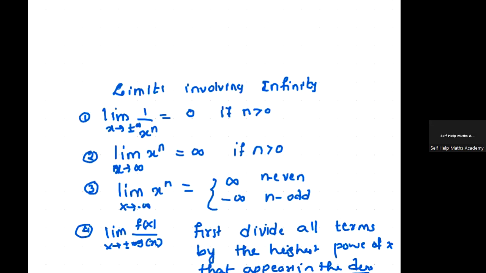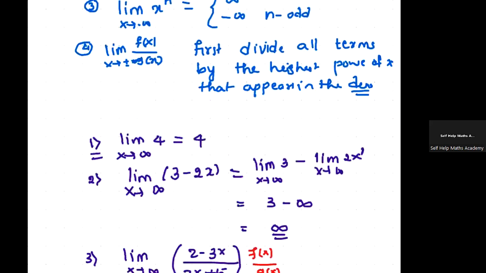Okay, so I think with this last example I'll be taking it here. Let's see another example which involves x divided by the square root of 4x² plus 1, limit as x is tending to negative infinity.